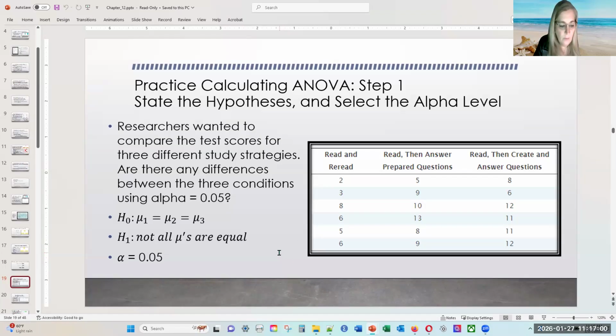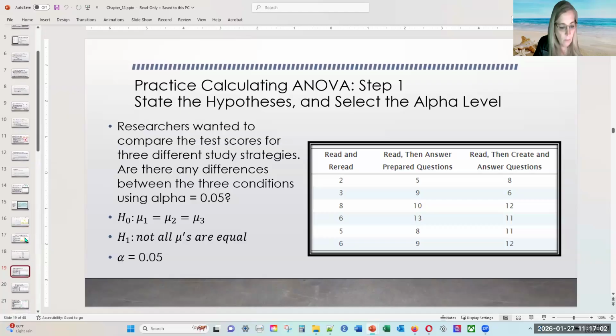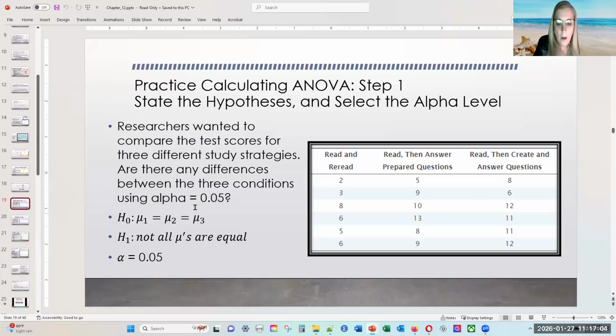All right, so here's a little bit of practice. We're going to see how all this works. So step 1, you state the hypothesis and select the alpha level, just like our other tests. So say you have researchers who wanted to compare the test scores for 3 different study strategies.